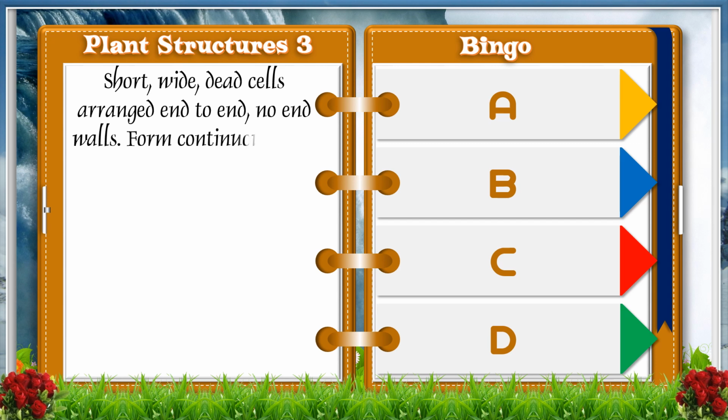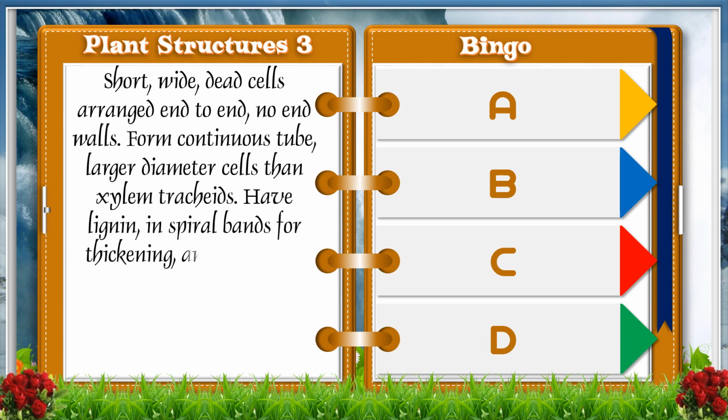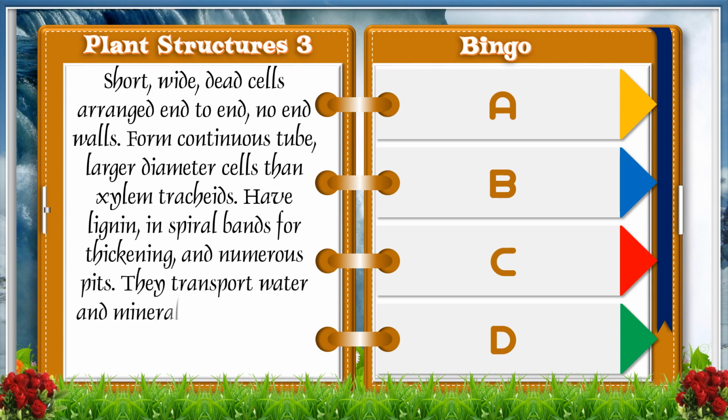Short, wide, dead cells arranged end to end. No end walls. Form continuous tube. Larger diameter cells than the xylem tracheid. Have lignin in spiral bands for thickening and numerous pits.